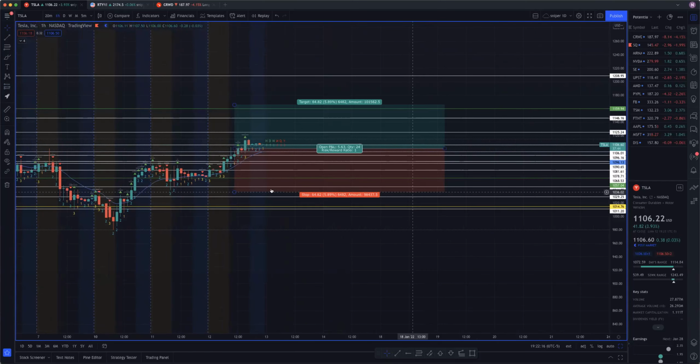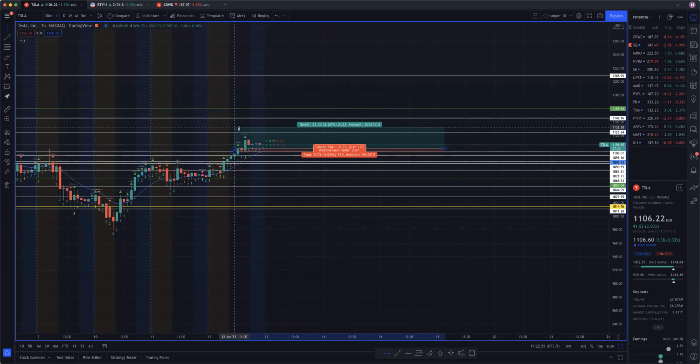My risk is 1095, so I'll drag this stop down to 1095, and my target is 1117. Right here, risk to reward is almost 3, right? I'm risking 5 to make 17. That's a pretty decent trade.